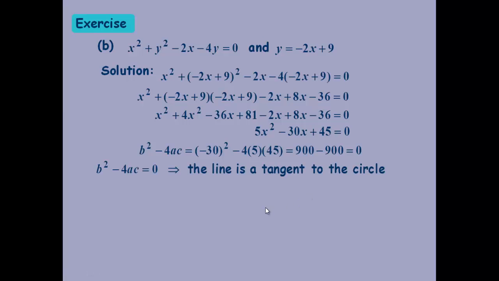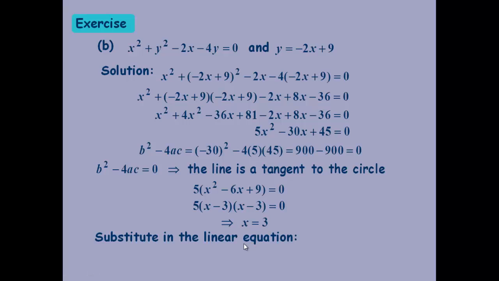It suggests a repeated or equal root. We can factor the 5 out. That will help us. And we can see here that if x is 3, we have that solution. Put that into the linear equation, and the tangent is at the point (3, 3).